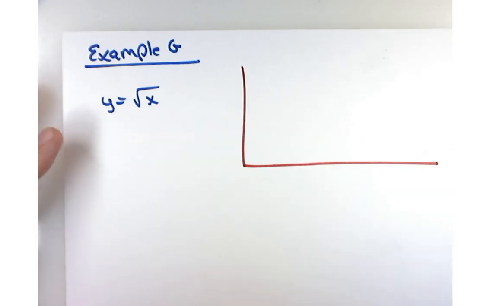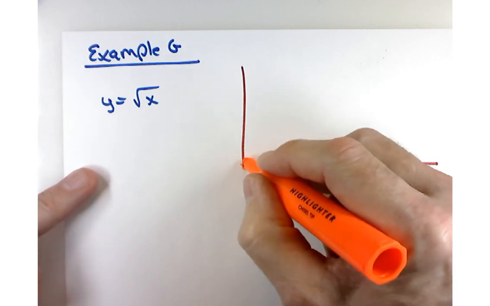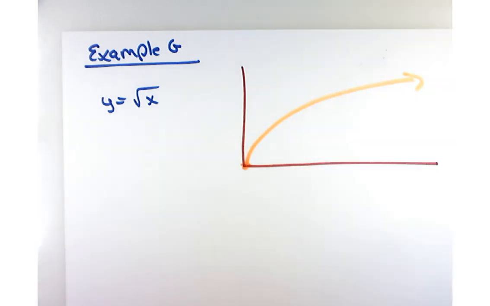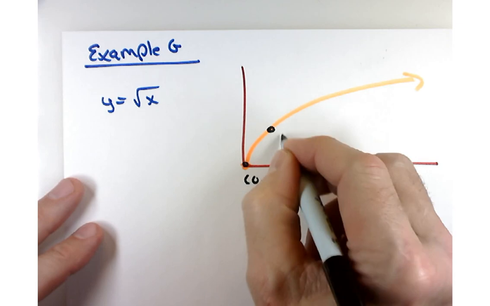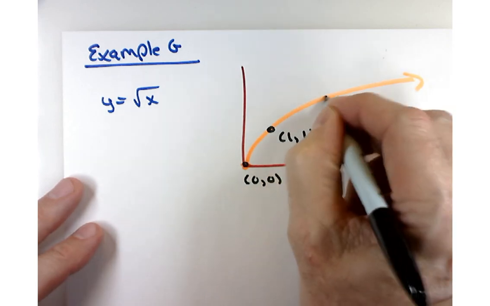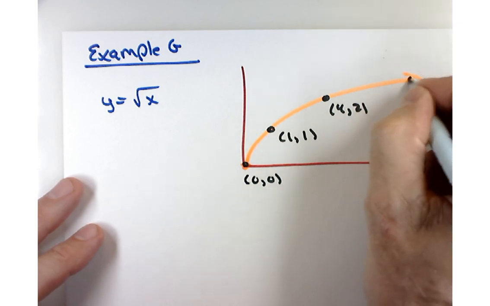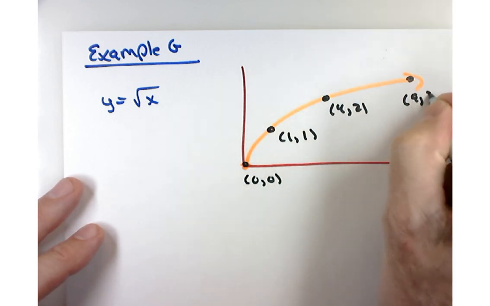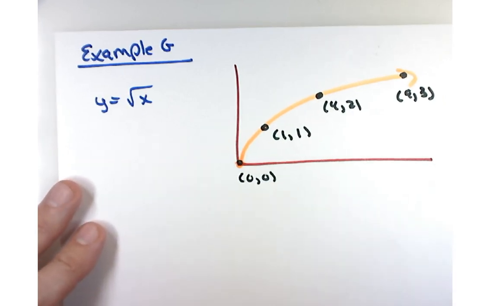So the graph of the square root function is really going to look like a sideways parabola, or at least the top half of a sideways parabola. So it's going to start right here and go up like that. So you're going to have points, say, at (0, 0), (1, 1), (4, 2), and out here someplace, (9, 3). So that's, roughly speaking, how the graph would look.